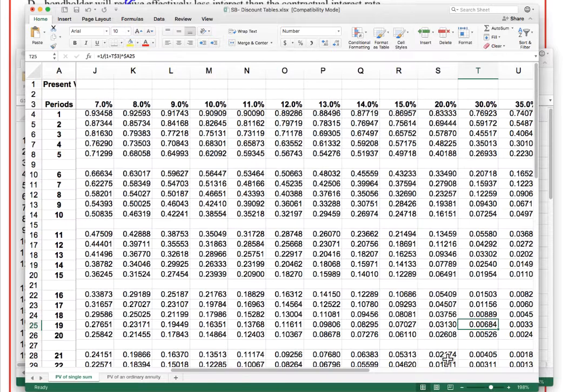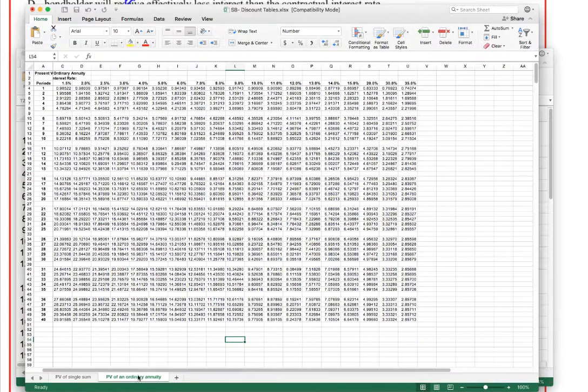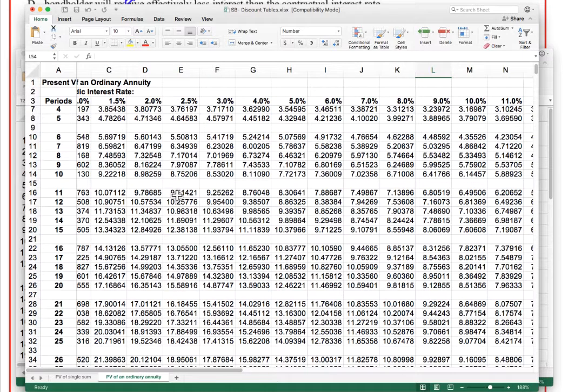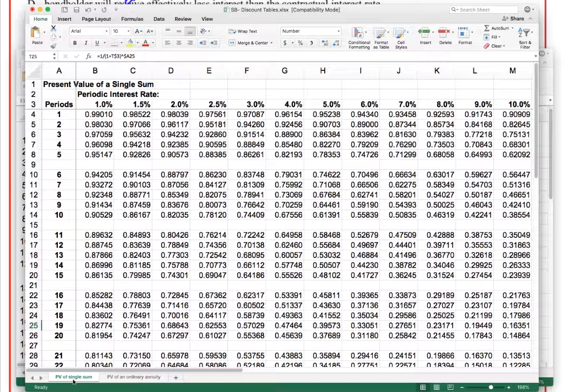So we can see that the present value of an ordinary annuity is down here, 10 periods, so this is 8.75206, and in a minute we're going to use the discount factor, so let's look at 10 periods 2.5% for the discount factor. 10 periods 2.5% is 0.78120.